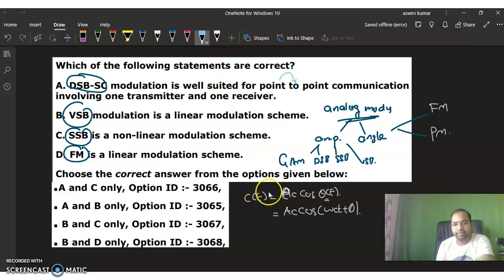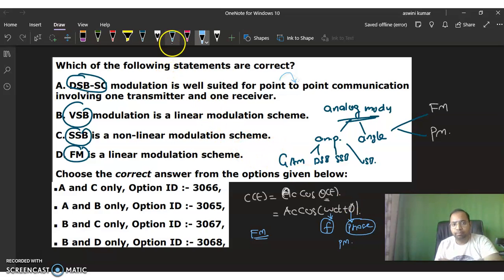Omega c is a frequency related parameter, phi is a phase related parameter. Based upon the message signal, if the frequency of the carrier is changing, it is called frequency modulation. If based upon the amplitude of the message signal the phase is changing, it comes under phase modulation.